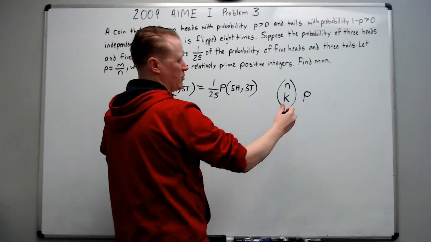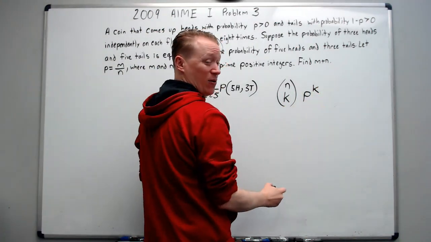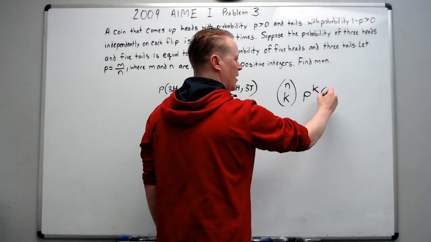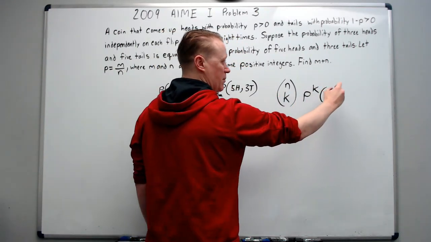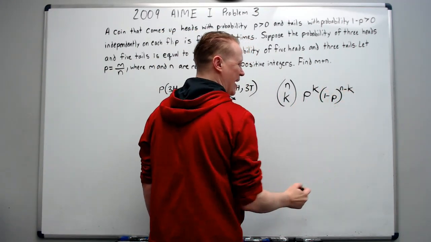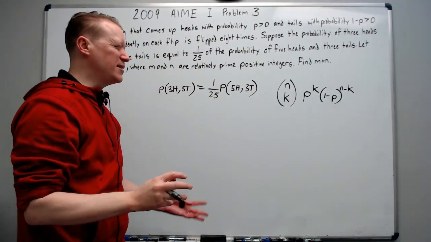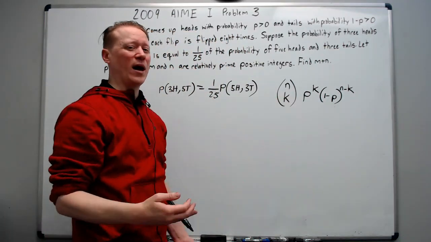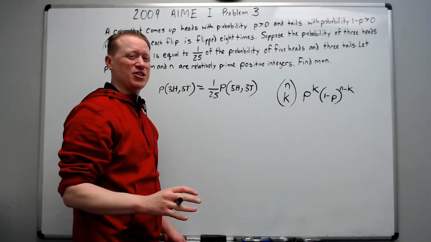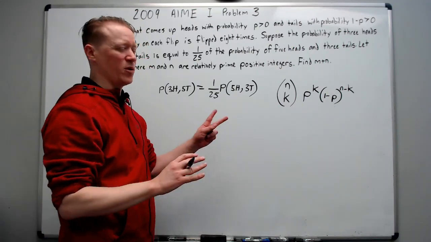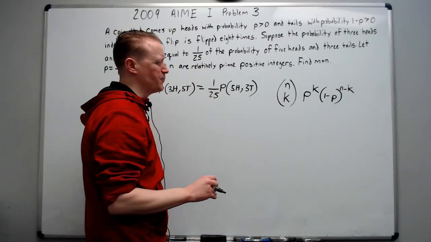So it'll be p to the k power. And then also times 1 minus p to the difference in these 2 numbers, n minus k. If you give it a little bit of thought, it's kind of intuitive why it works. But again, if you want, we'll go into a more in-depth explanation in a future video. I just don't want to do it in the middle of solving the test.